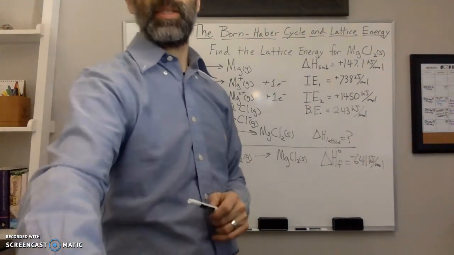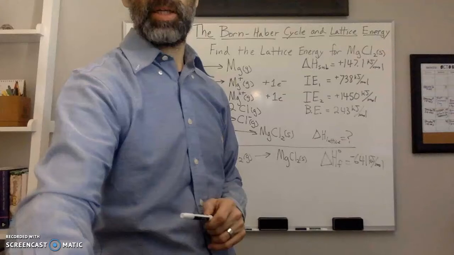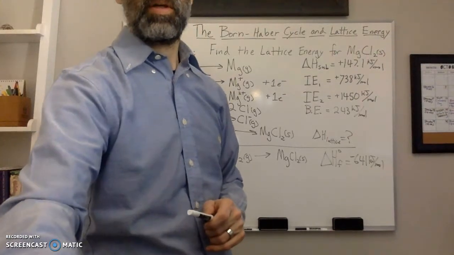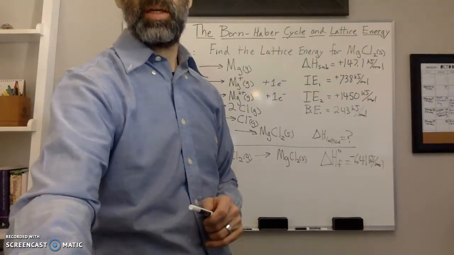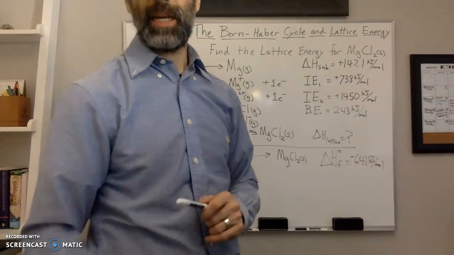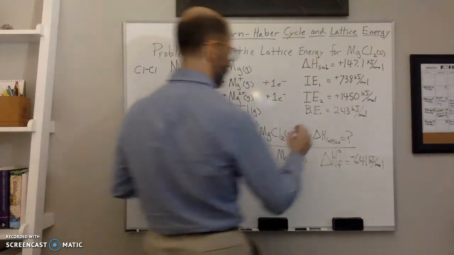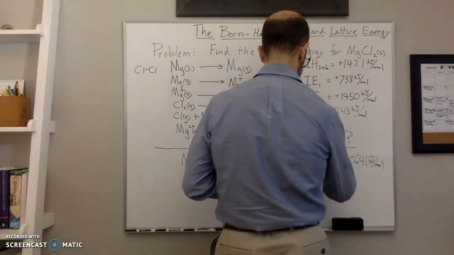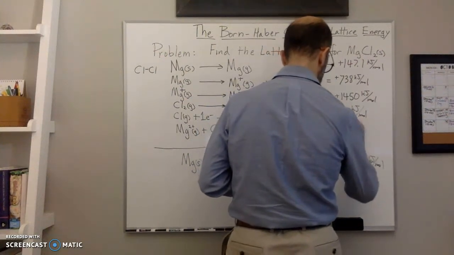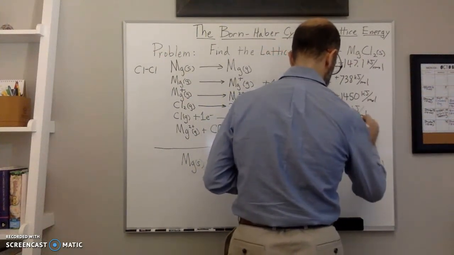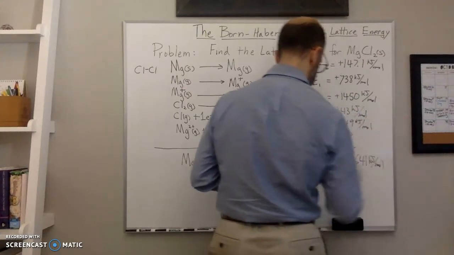If I look it up really quick, oh, excuse me, that's going to be a negative 349. So electron affinity is equal to negative 349 kilojoules per mole.